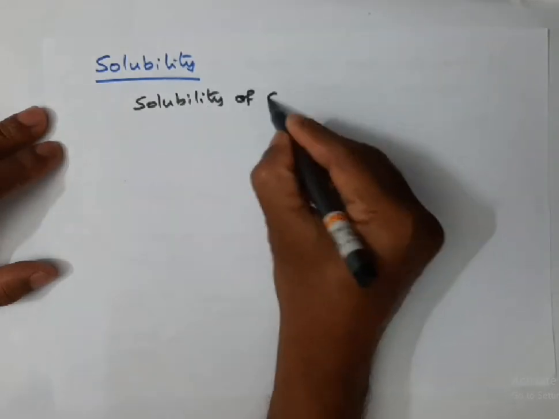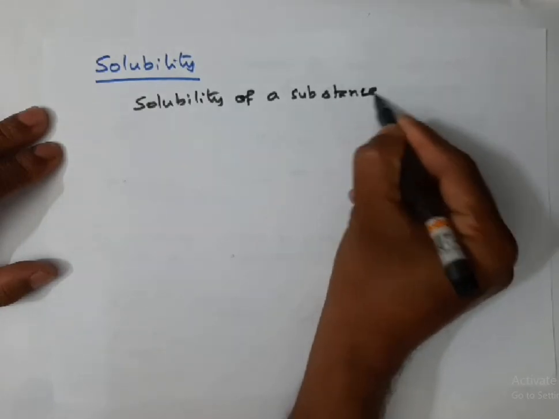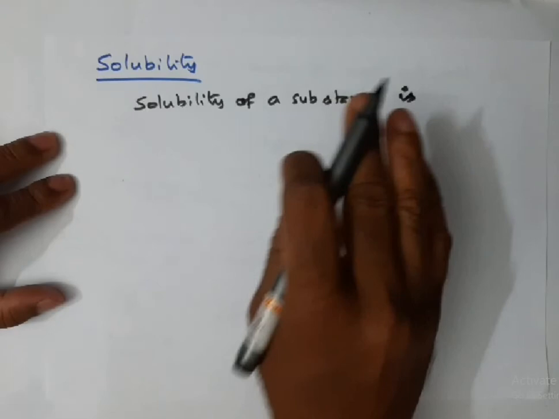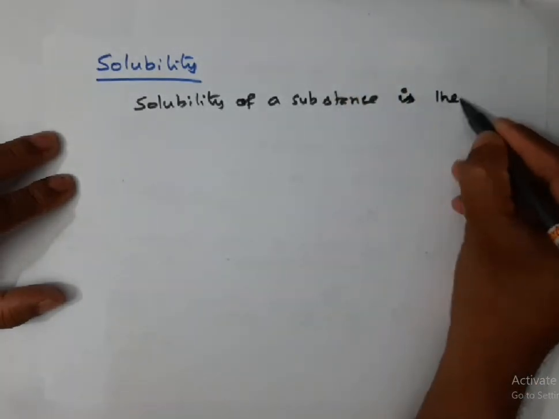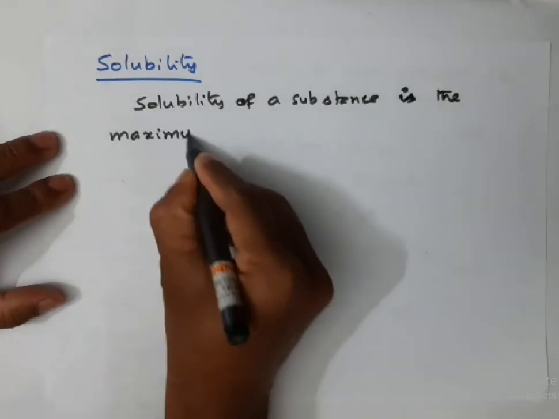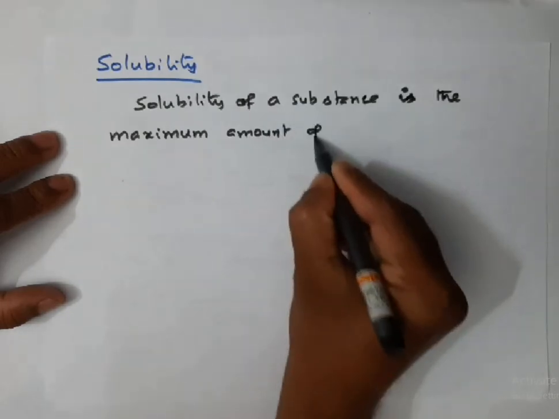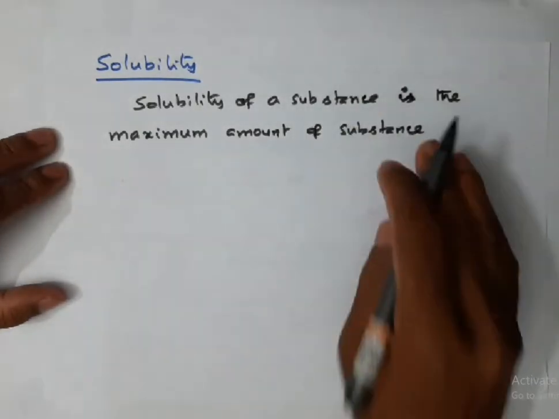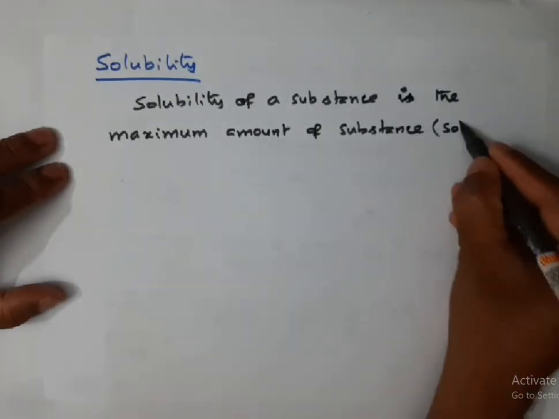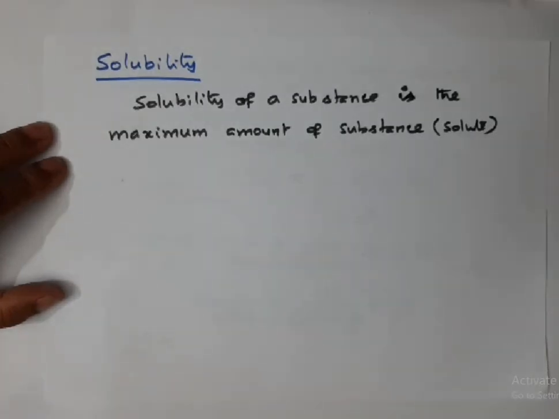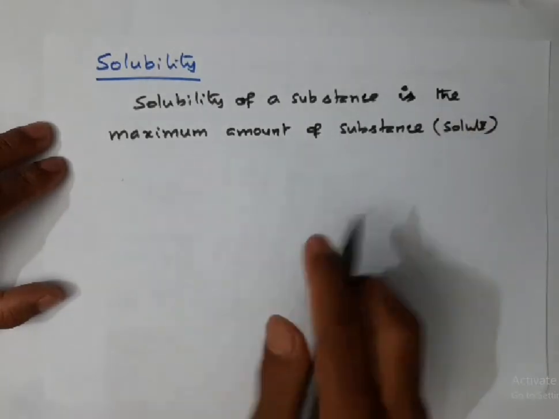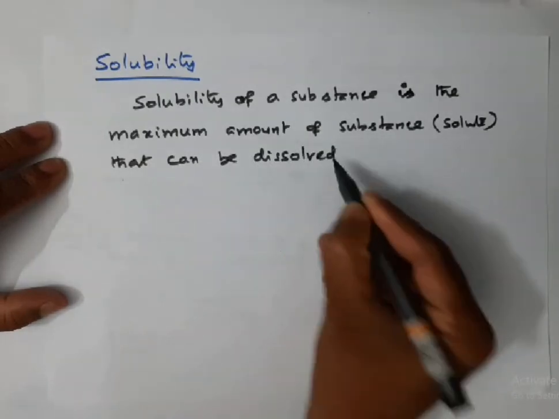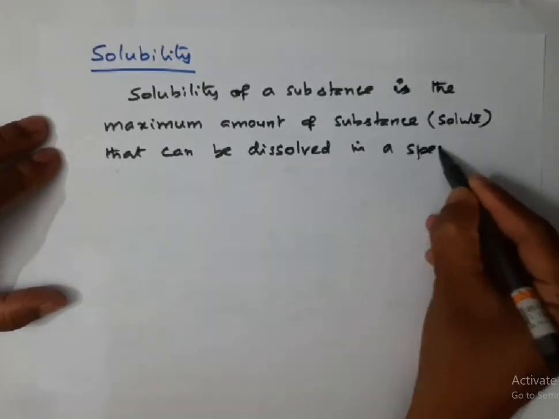Solubility of a substance is the maximum amount of substance, here substance I refer to is actually solute, that can be dissolved in a specified amount of solvent.